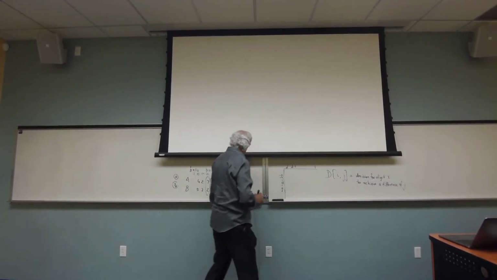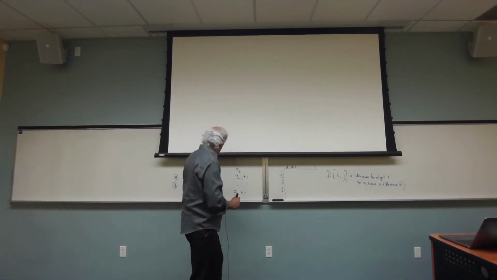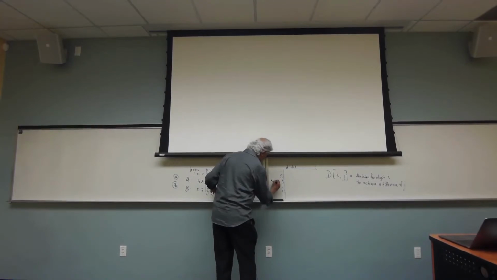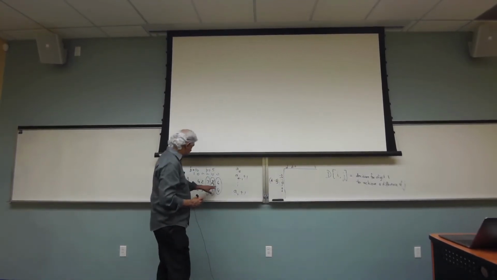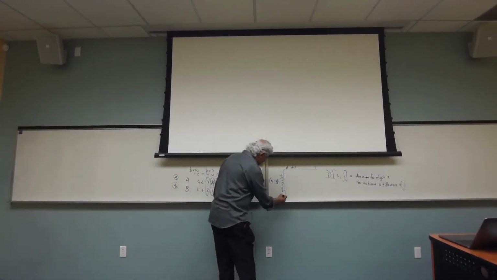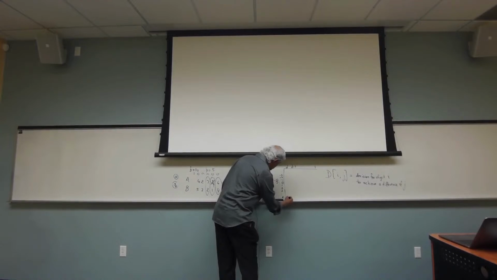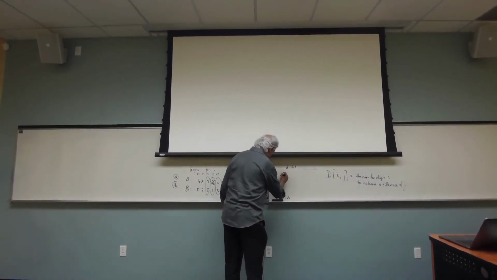So at the dth bit, let's say this is Alice minus Bob. If Alice sends, it's going to be plus 6. And if Bob sends, it's going to be -4.